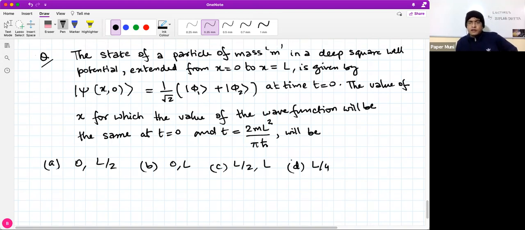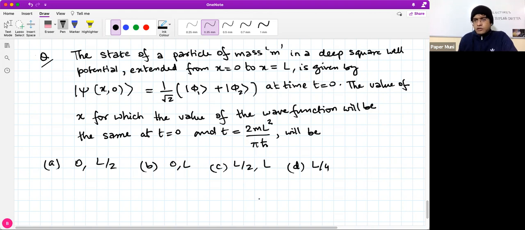The potential is a 1D box, an infinite potential well from 0 to L, and the initial wave function is given to you at t equal to 0. Find the values of x for which the wave function will be the same at the initial time and the final time, which is given to you. We need to find the value of x.